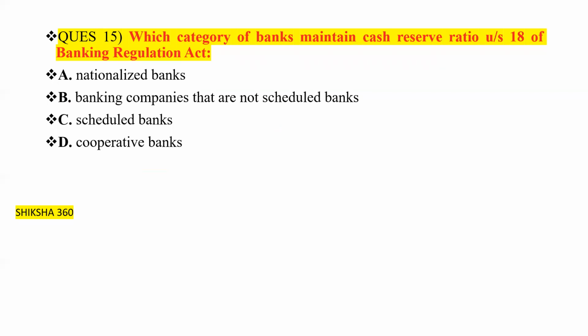Which category of banks maintain cash reserve ratio under section 18 of the Banking Regulation Act? Clear?